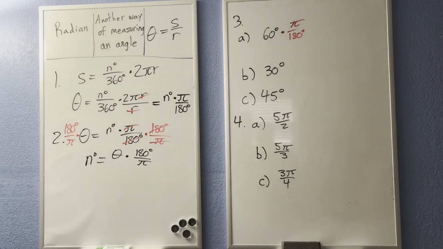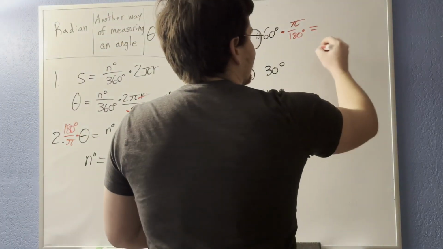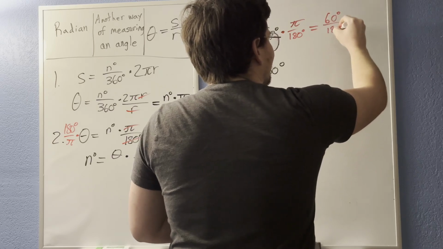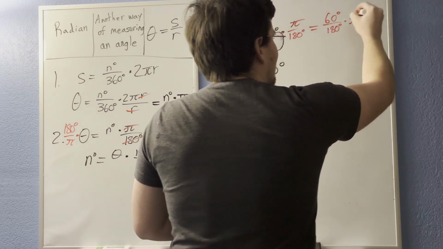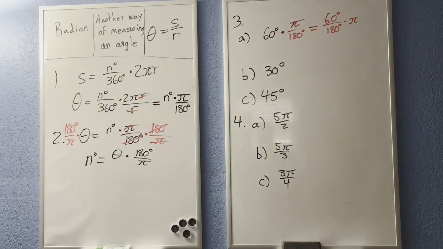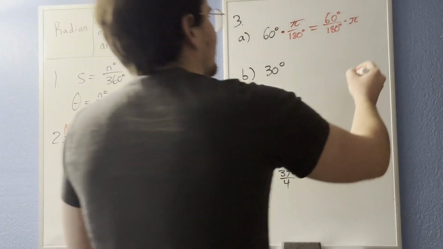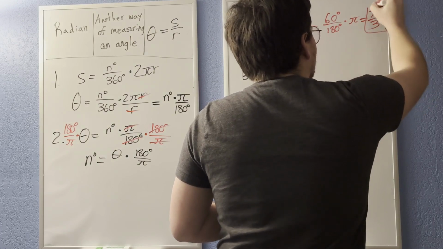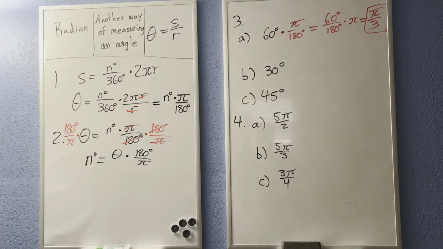So all we're really doing here is simplifying this fraction. So we have 60 degrees over 180 degrees times pi, and 60 over 180 is going to simplify to 1 over 3. So we're going to get pi over 3.